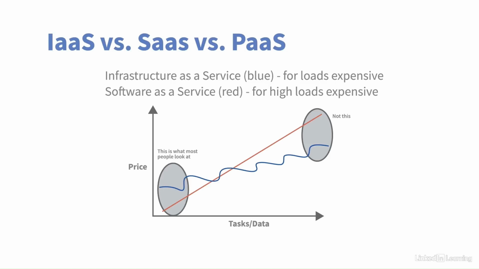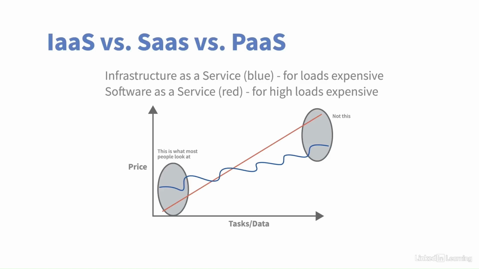But later, when you have more workload on your whole platform, on your whole pipeline, what happens is, because the pricing schema is based on the servers and not directly on the throughput of data, users, or processing time, you get these smaller steps whenever you add new resources to your infrastructure. But on the far right, the infrastructure as a service is actually lower than the software as a service that is just scaling one-to-one. So keep this image in mind.